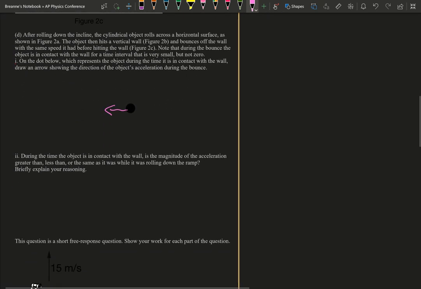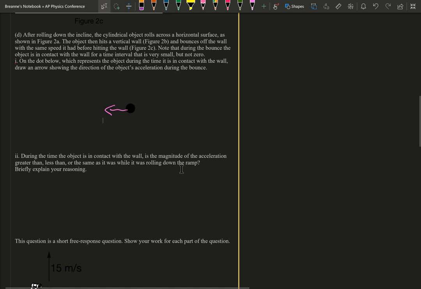Woohoo! So during the time that the object is in contact with the wall, is the magnitude of acceleration greater than, less than, or the same as it was rolling down the ramp?